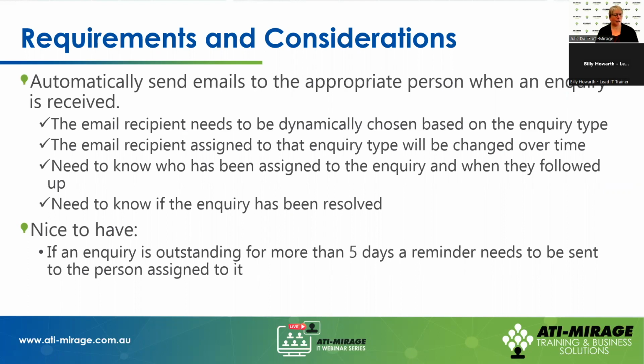However, even though we've got it working, we haven't actually tested whether or not the email recipient is dynamically chosen. We've tested it for one case, but we need to test it again. And also, we haven't really tested that it will work if the person assigned is changed. So before we go any further, I think we need to test those two things.